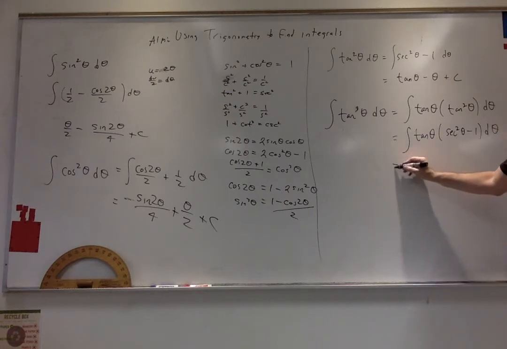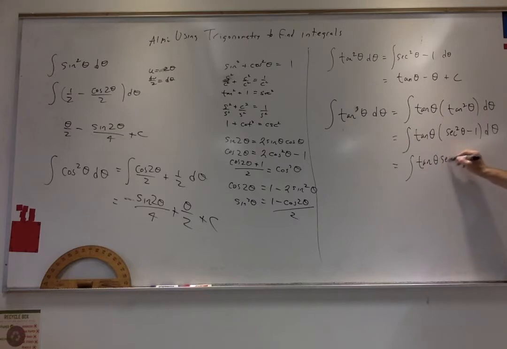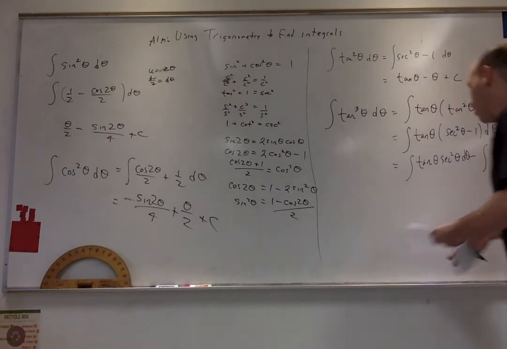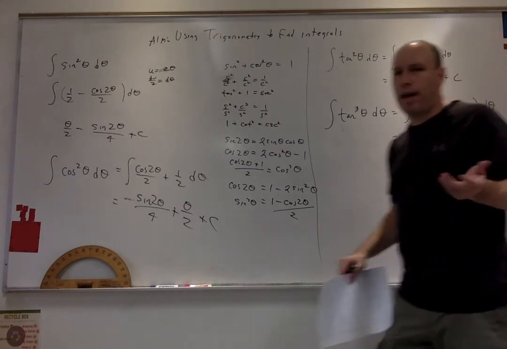Then we're going to distribute. And then what are we going to do? Well, what's the derivative of tangent? It's secant squared. So once it comes back to that substitution.